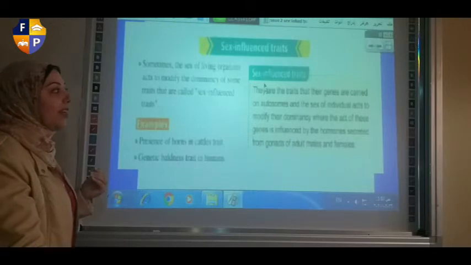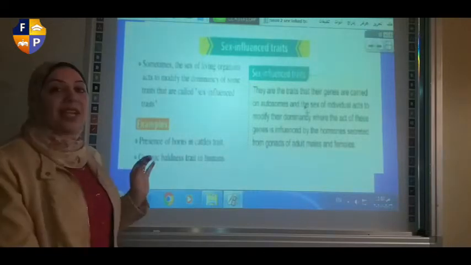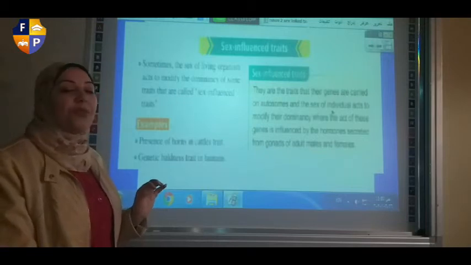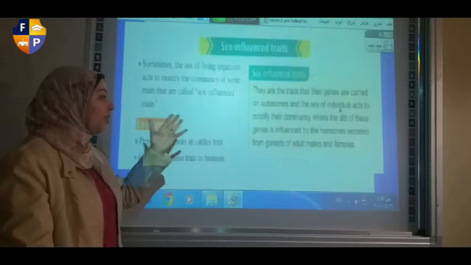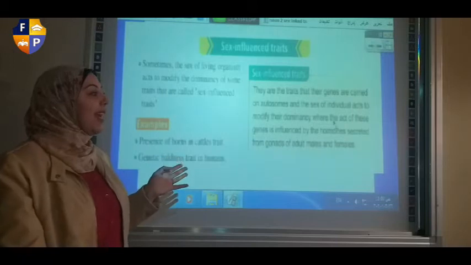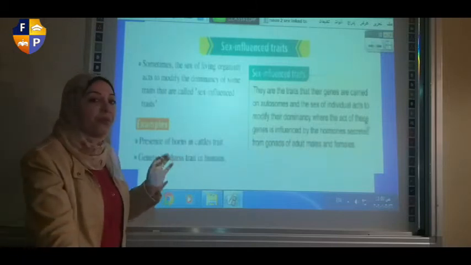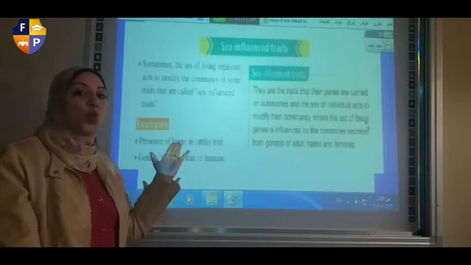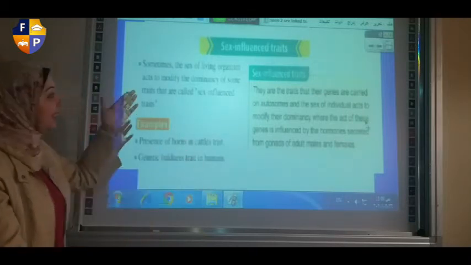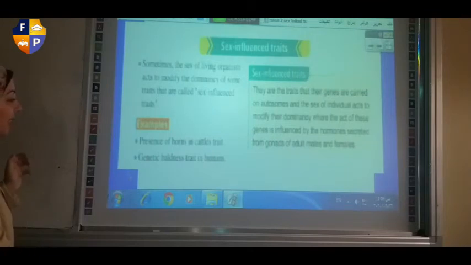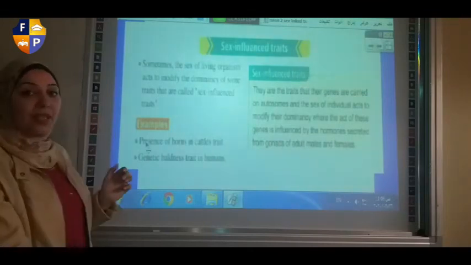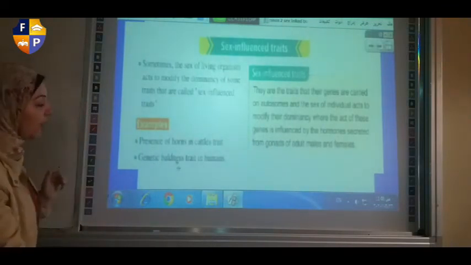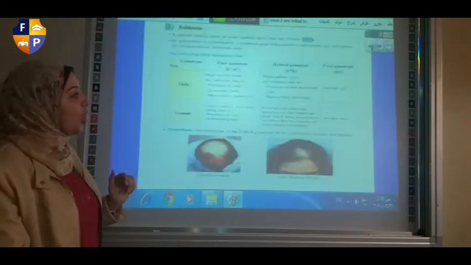A sex-influenced trait is one whose gene is present on autosomes and the sex of the individual acts to modify its dominance, where the action of this gene is affected by hormones secreted from the gonads in males or females. As examples of sex-influenced traits, we can study the presence of horns in cattle or baldness in the human body, or genetic baldness traits.